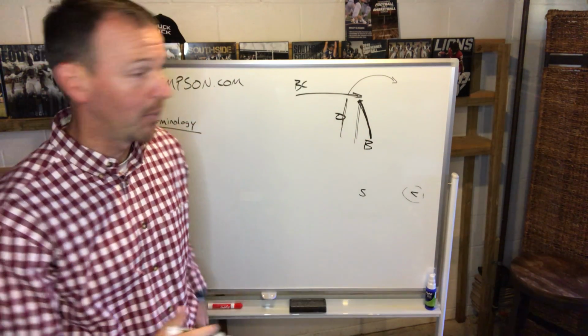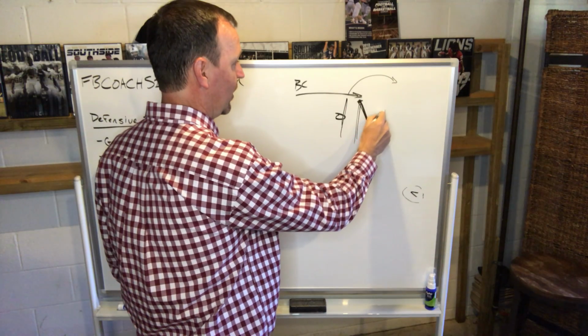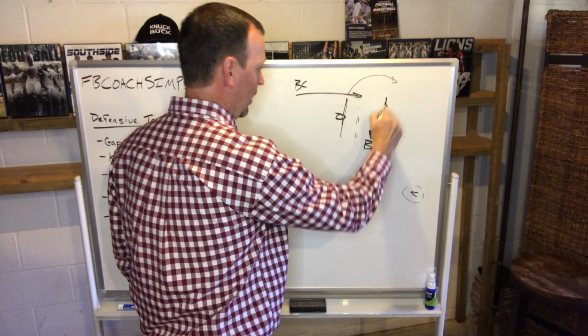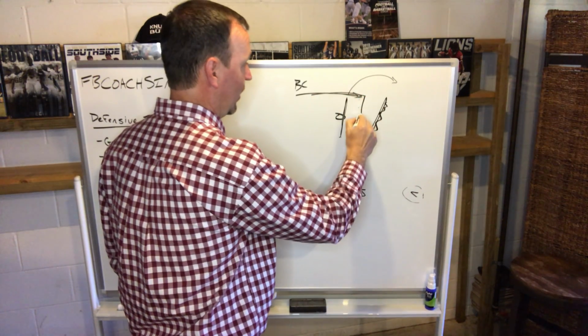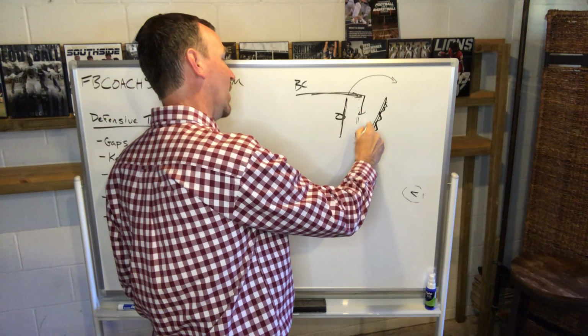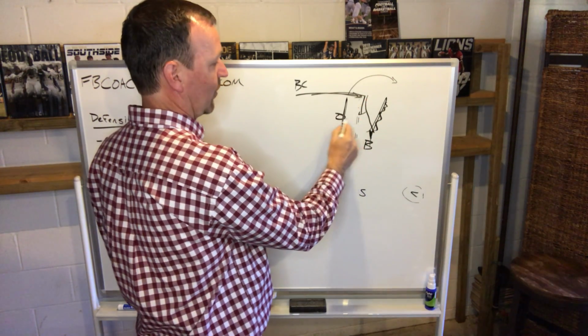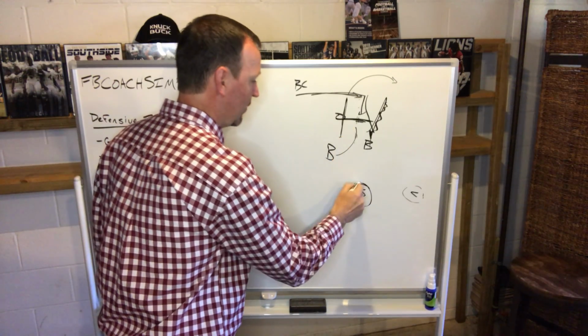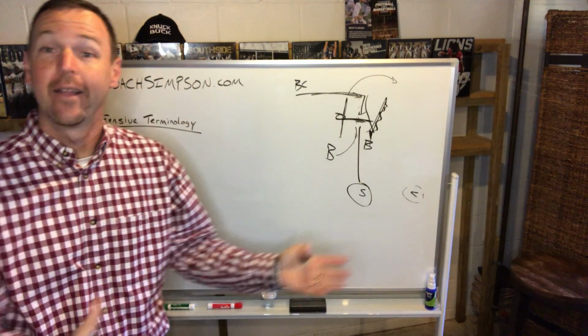But I also can't play contain where I come upfield instead of wide edge, and now that alleyway is a lot bigger for that really good athlete to cut through. So I want to squeeze the air out of it and track the outside hip, so I can make this alley smaller so my fitters, a backer and a safety, can fit inside of that alley.